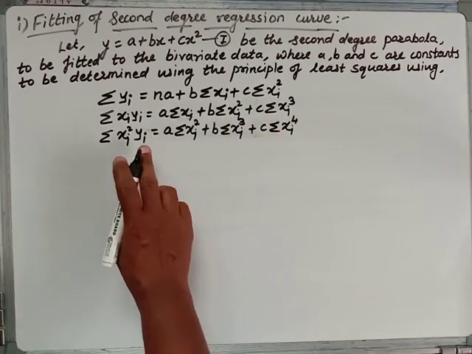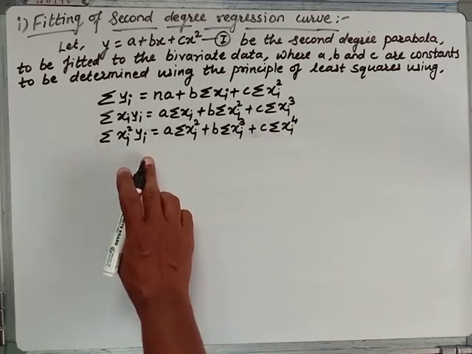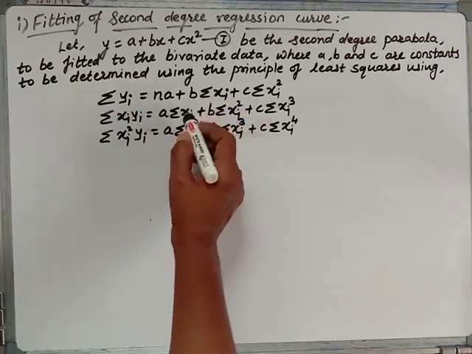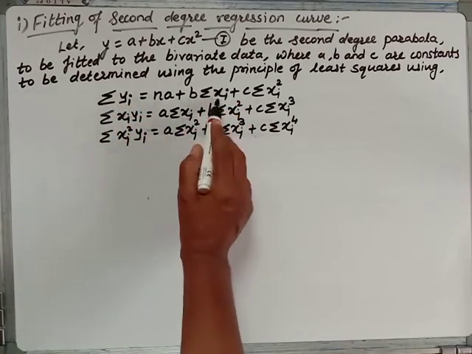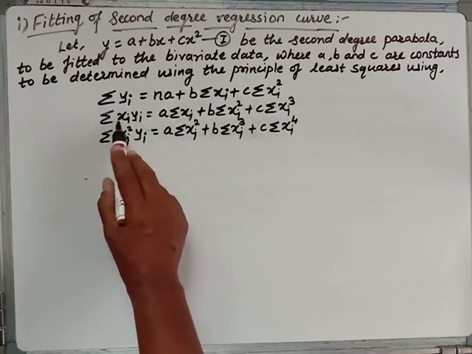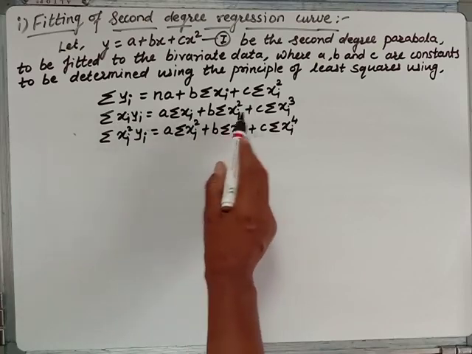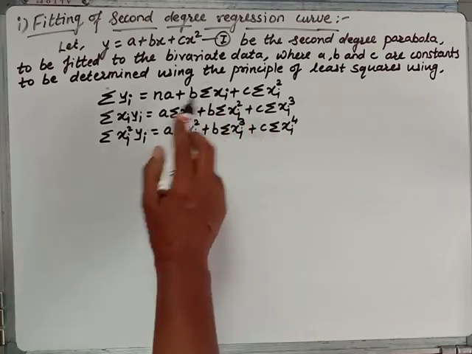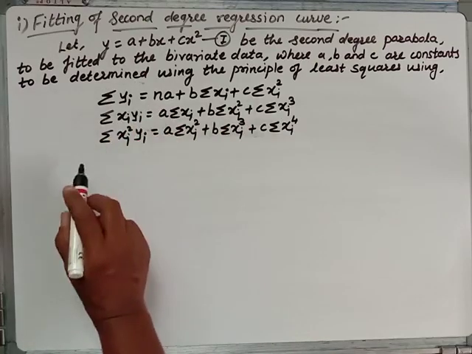While simplifying these three equations, we have these values from the bivariate data, that is summation yi, summation xi square, and the summation of the products also. All these values are with us. The only unknowns are a, b and c; n is also known to us.